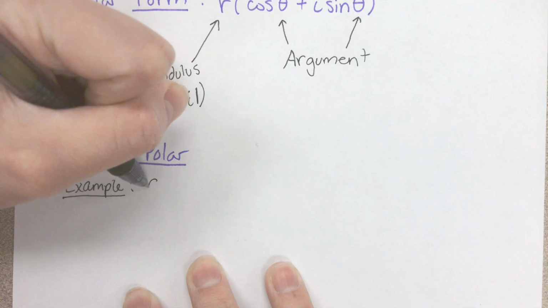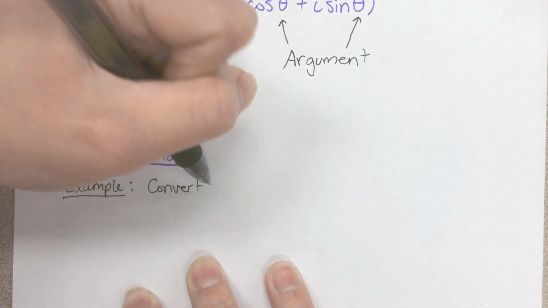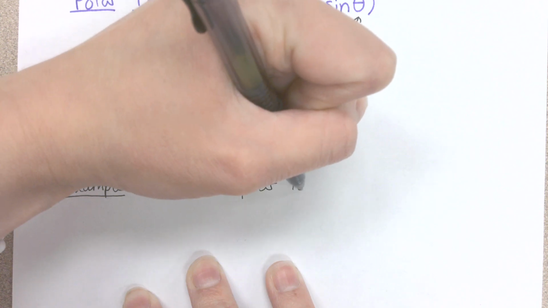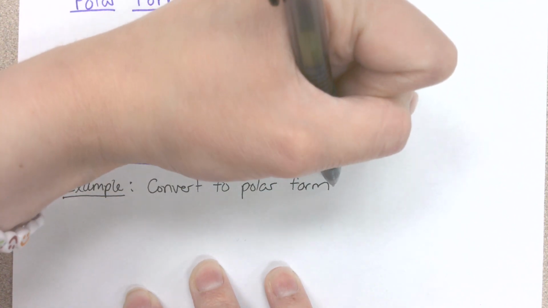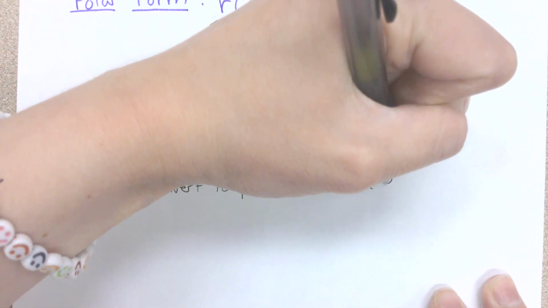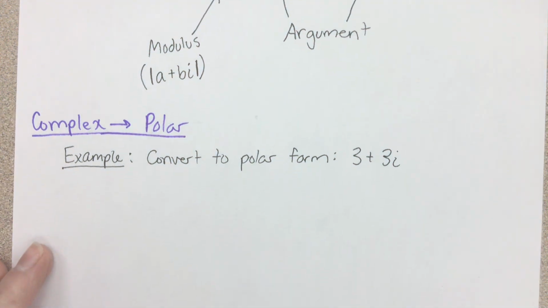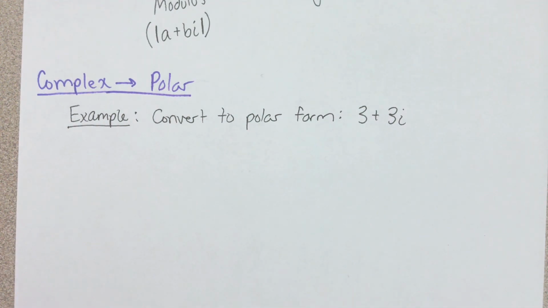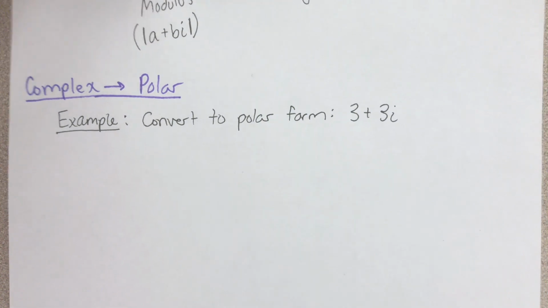Example, convert to polar form. And we are converting 3 plus 3i. Now I'm going to write at the bottom here what the goal is.